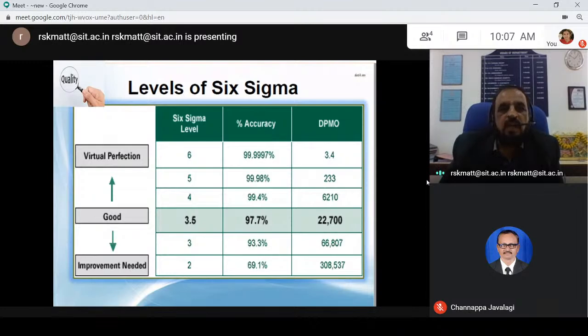When we are at 4 to 6, that is at 6, it is 99.9997 percent, that is 3.4 defects per million opportunities.